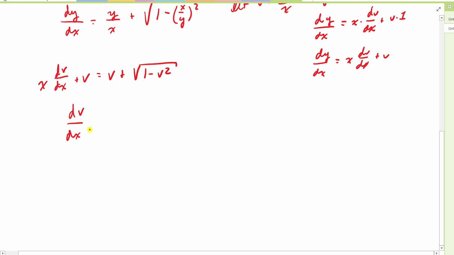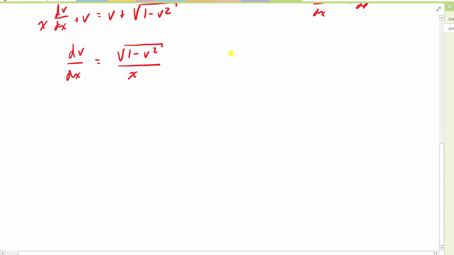So we get that dv/dx is equal to the square root of 1 minus v squared divided by x. This is now a separable equation, which is fortunate, but that's the reason why we do that substitution. So we can now treat these fractions as we usually do with separable equations. We get this expression here.